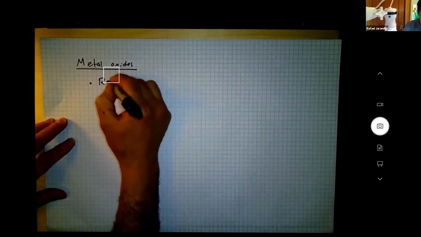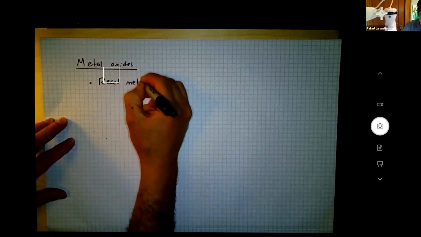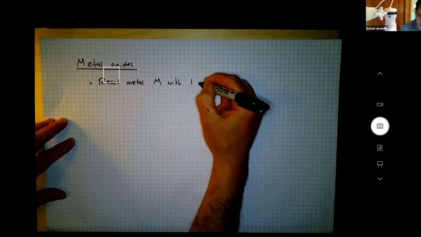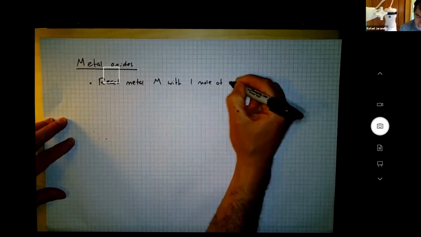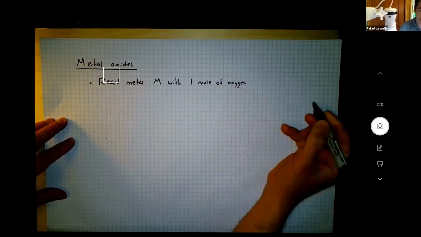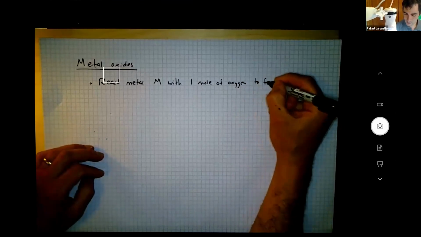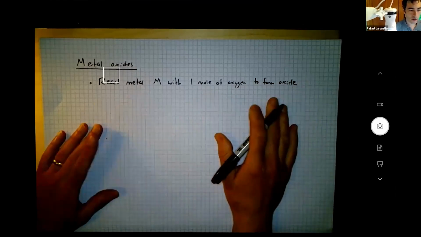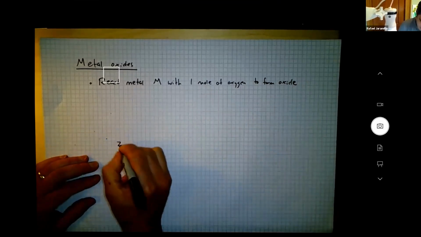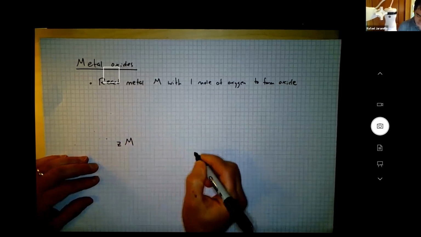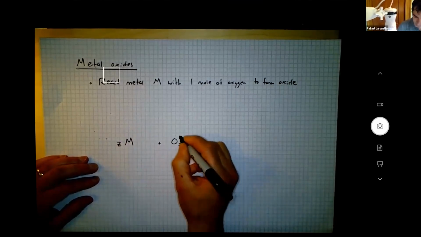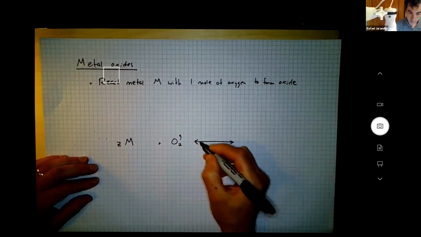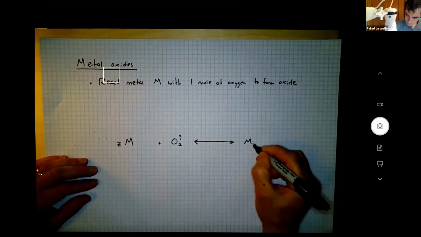Let's imagine reacting metal M with 1 mole of oxygen to form an oxide: M plus O2 gas reacting to form MOz.